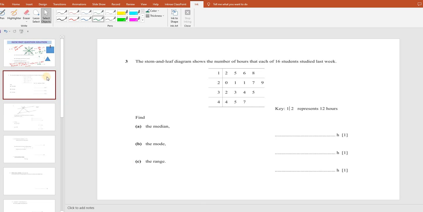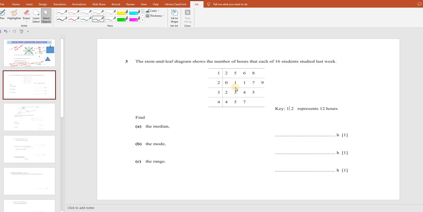Now, the third question here is that the stem and leaf diagram shows the number of hours that each of 16 students studied last week.